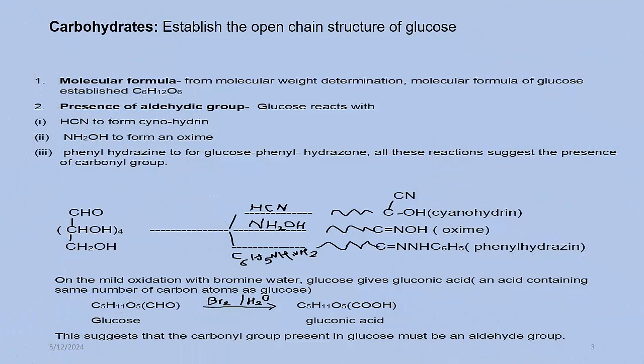A question asked in the carbohydrate chapter: establish the open chain structure of glucose. To establish the open chain structure of glucose, you have to establish the molecular formula, presence of an aldehyde group, presence of 6 carbons in a straight chain, presence of 5 OH groups of which one is a primary OH group.